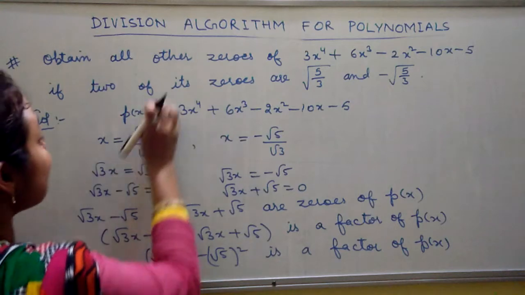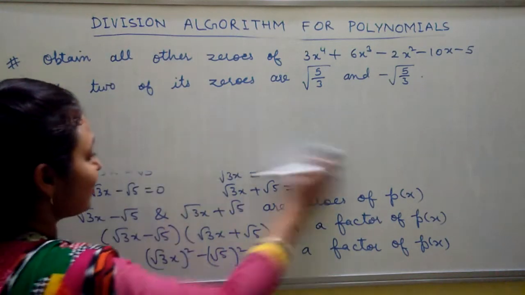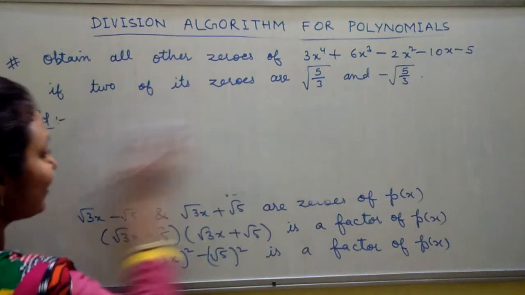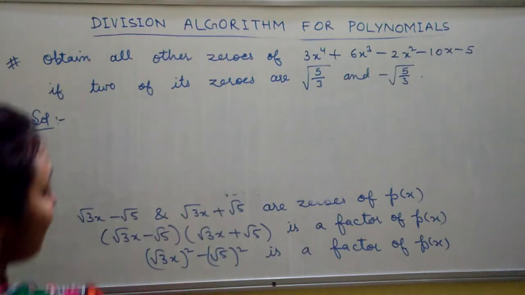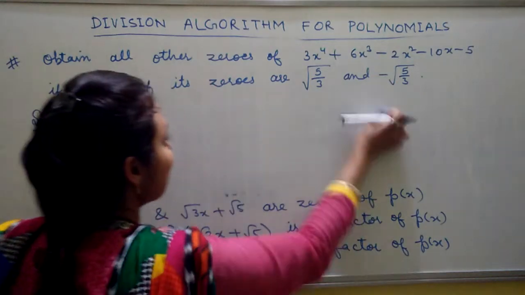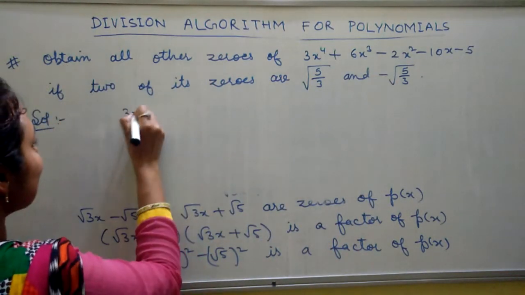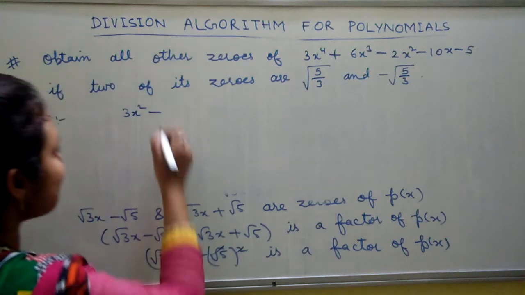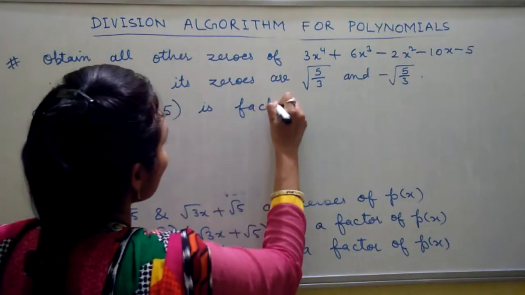Now what is the next step? The next step is that the square will be cancelled with the under root. So we get 3x square minus 5, which is a factor of p(x).